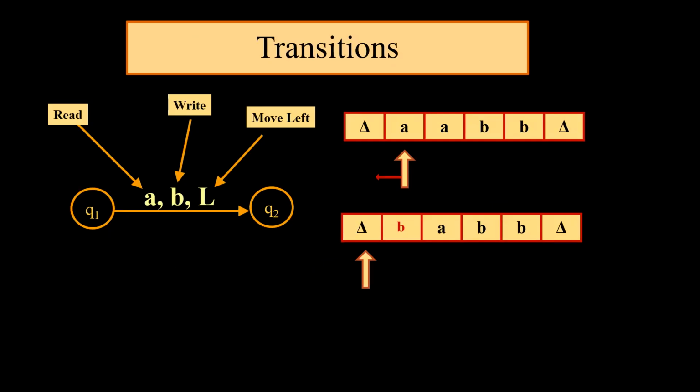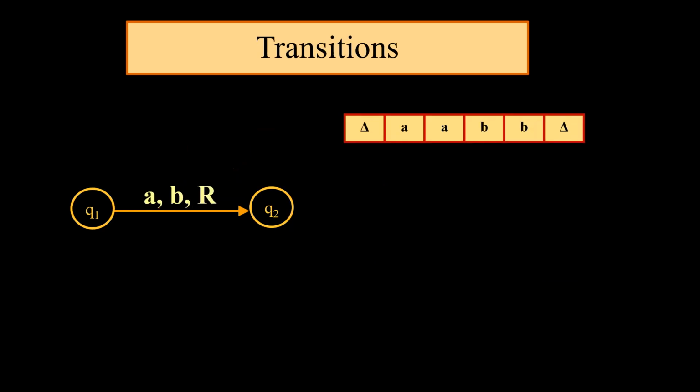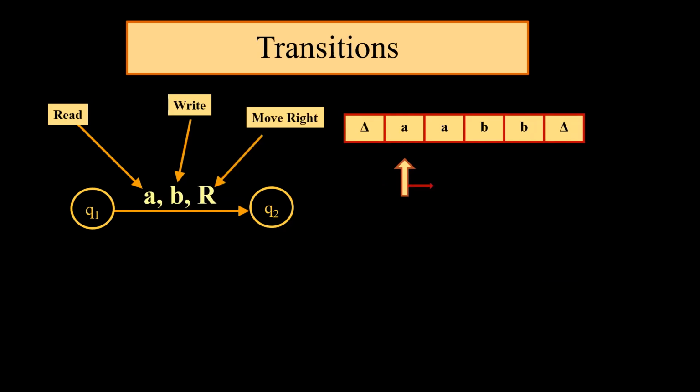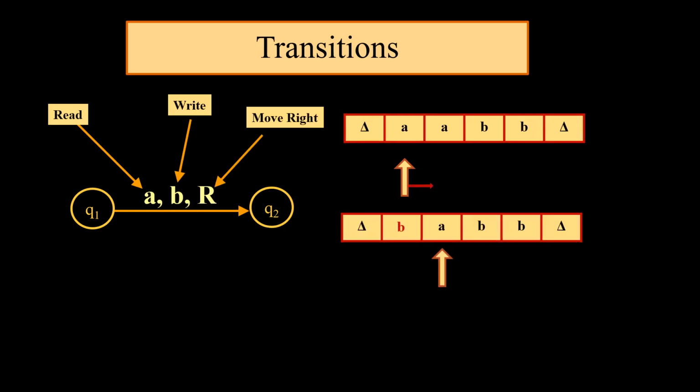A has been read, has been replaced with B, and the read-write head has moved towards the left side onto the delta. If we want to represent the transition to the right side, it will be represented by A B R. Read A, write B, and move one cell towards the right.